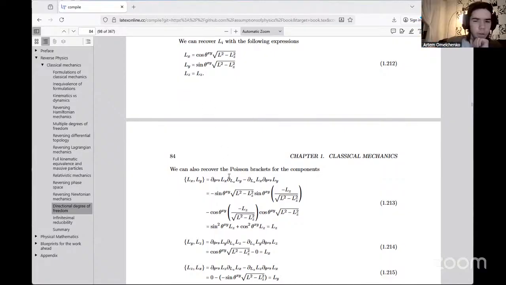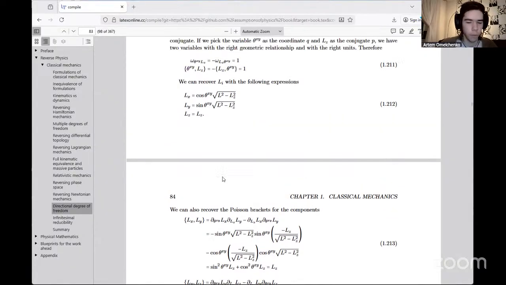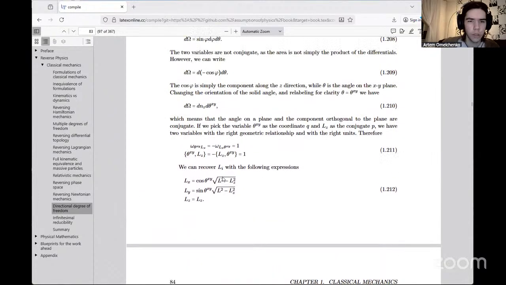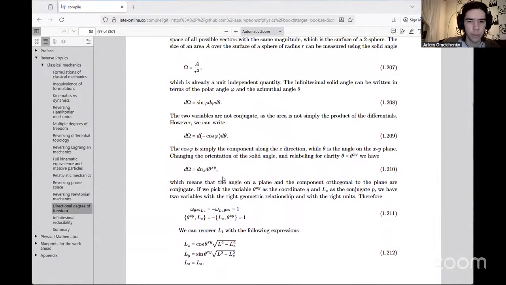Did we at some point switch? Is theta xy now our polar angle? There are two angles: the polar angle and the azimuthal angle.